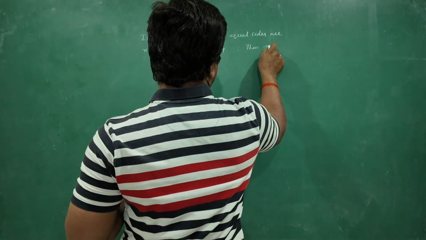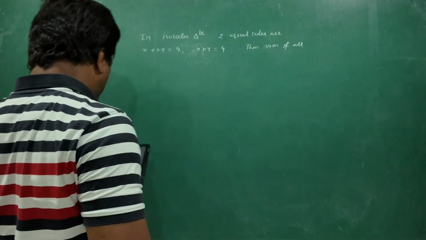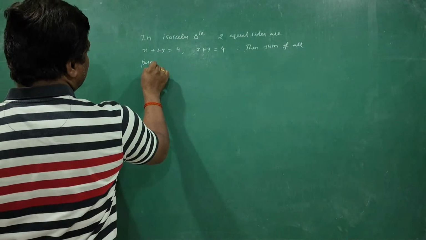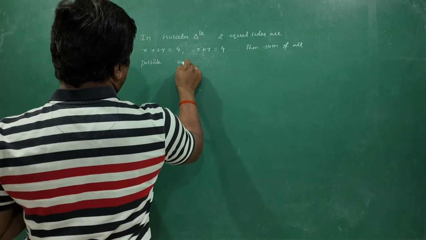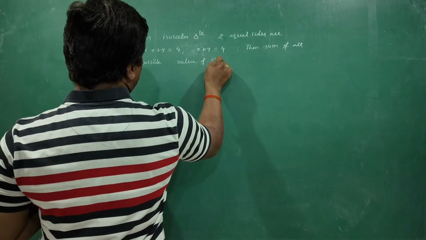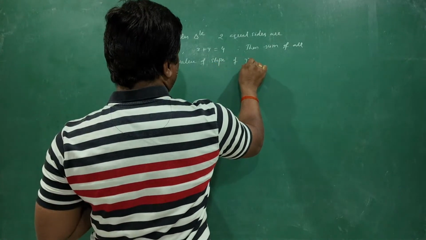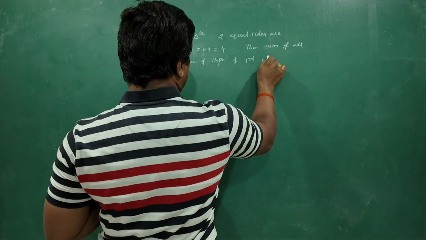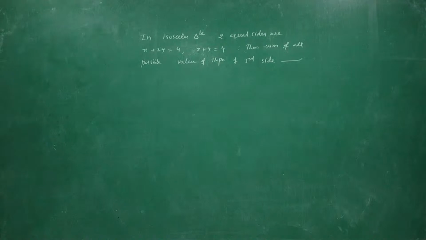Then the sum of all possible values of the slope of the third side is asked. The sum of all possible values of slopes of the third side is given.